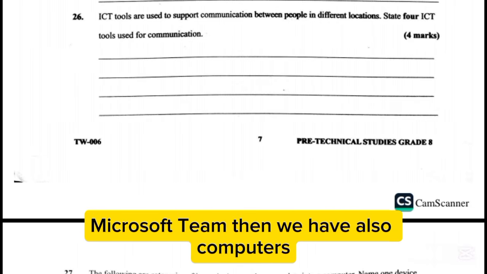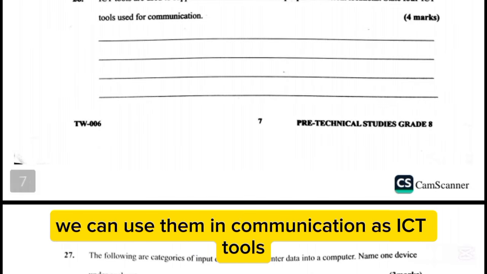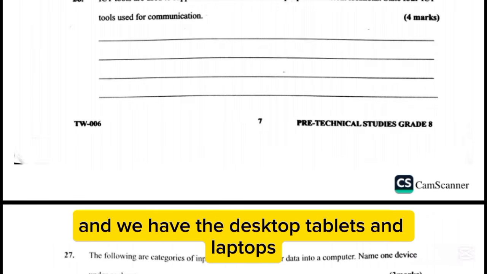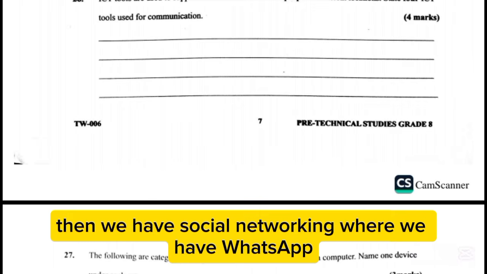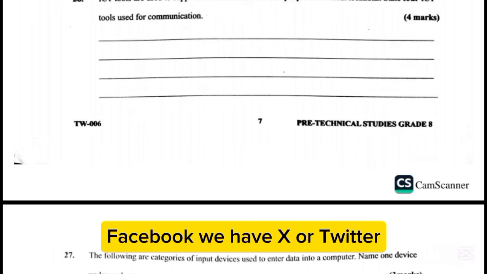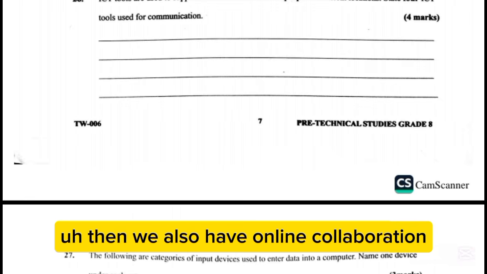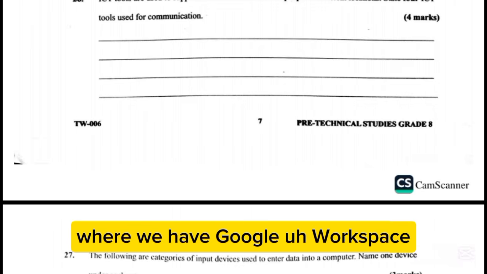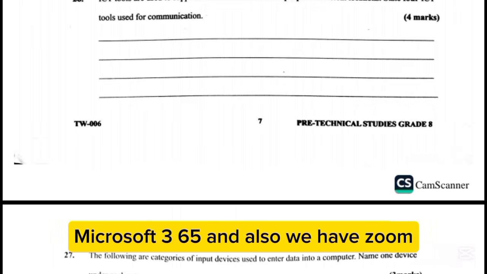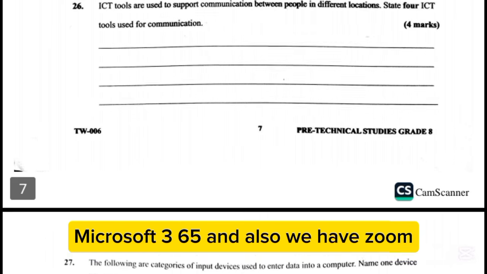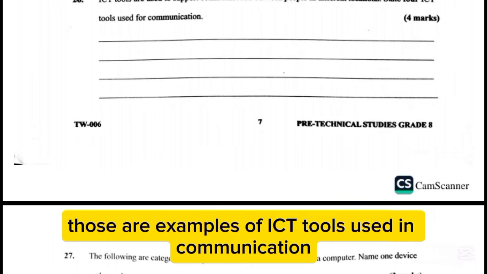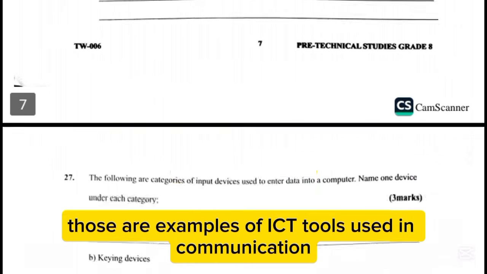Then we also have computers. We can use them in communication as ICT tools, and we have the desktop, tablets, and laptops. Then we have social networking, where we have WhatsApp, Facebook, and X or Twitter. Then we also have online collaboration, where we have Google Workspace, Microsoft 365, and also Zoom. So those are examples of ICT tools used in communication.